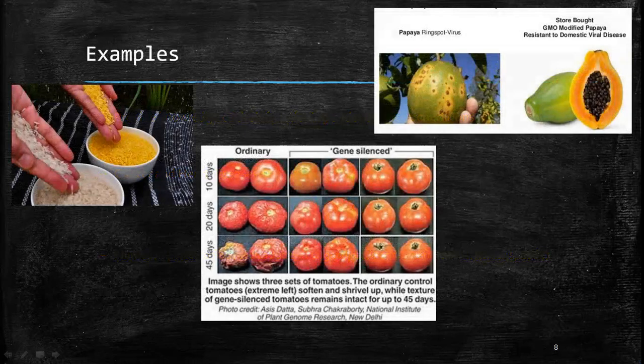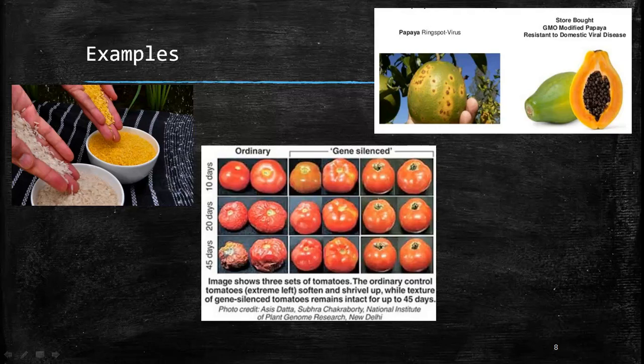Here are a few examples. The top left figure shows the normal rice, which is white in color, compared with golden rice. Golden rice is a genetically modified variety of normal rice. In the middle, you can see a picture of different tomatoes. The first block of the picture shows what happens to normal tomatoes over a time period of 45 days.